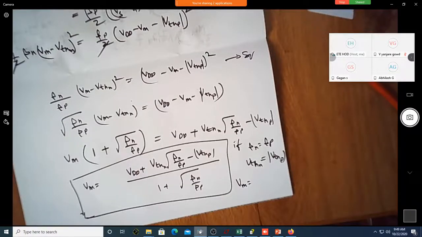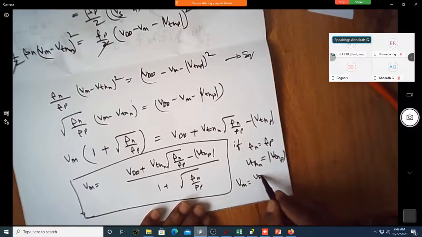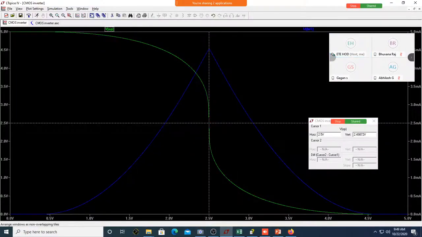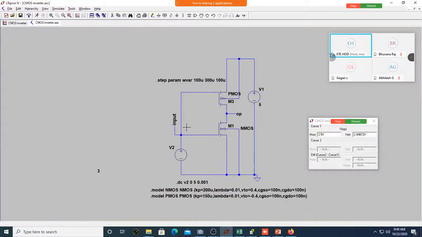Half of the VDD, sir. Is it VDD by 2? Perfect. Now, is it the case here? Is the magnitude of Vth of n and p the same? 0.4, 0.4. Yes, sir.